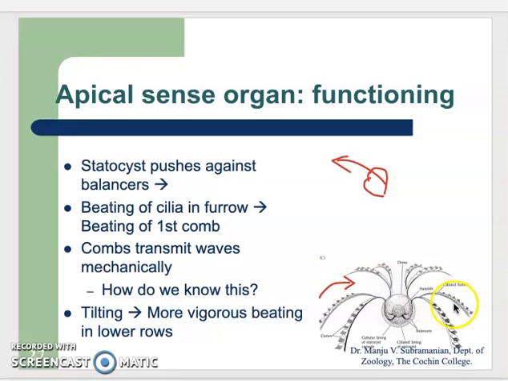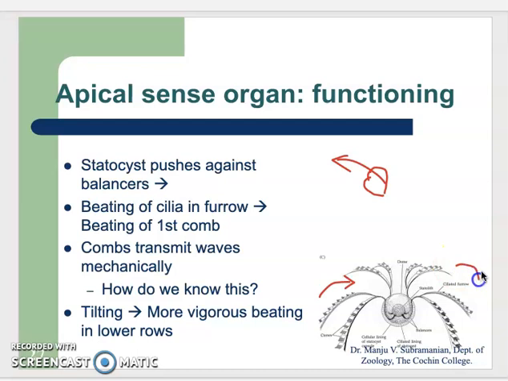So once again, if the position is inclined towards the right, what happens? The balancers on that side will exert a pressure which is passed on to the groove and reaches the cilia, and the cilia start beating on this side, and it gets shifted to the normal position.